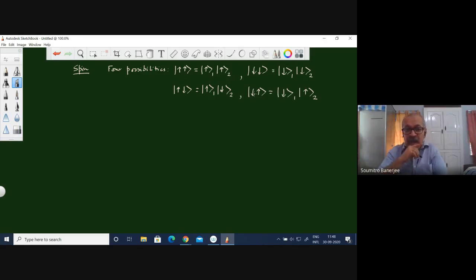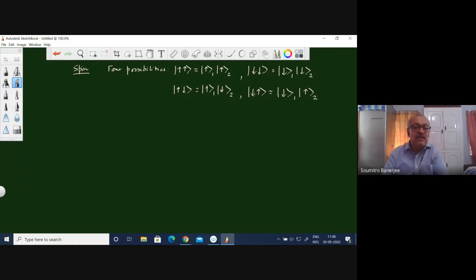But then we will demand that if I now exchange the positions of 1 and 2, it should lead to the same thing. That is required of something that can be called a representation of identical particles.